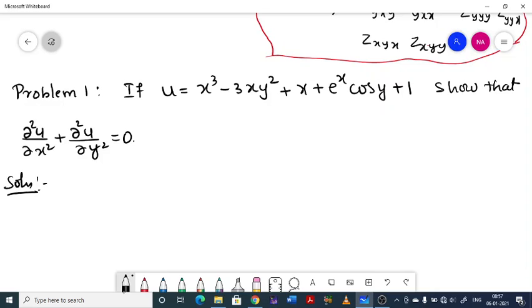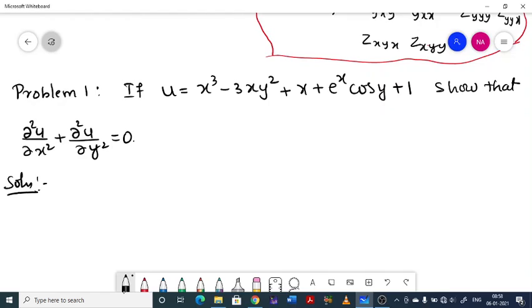Solution. So u is given, a function in two independent variables x and y, and you have to show that dou square u by dou x square plus dou square u by dou y square is equal to 0.